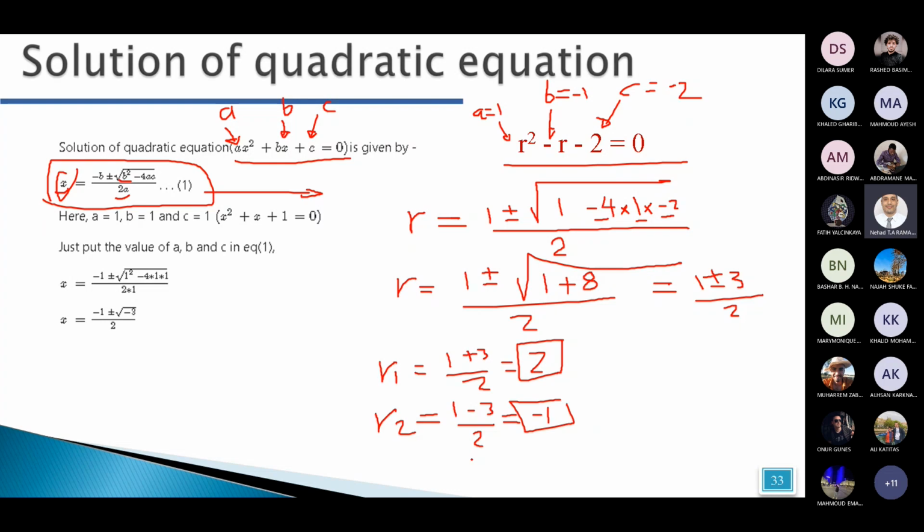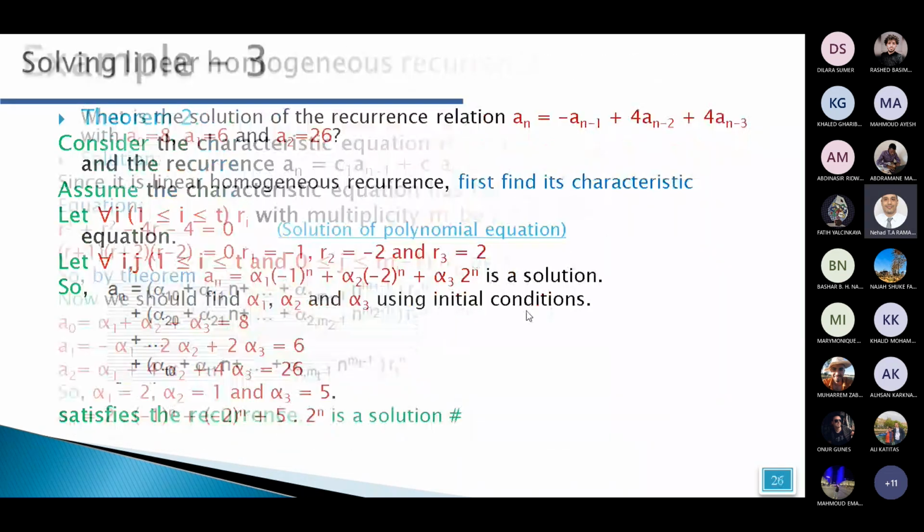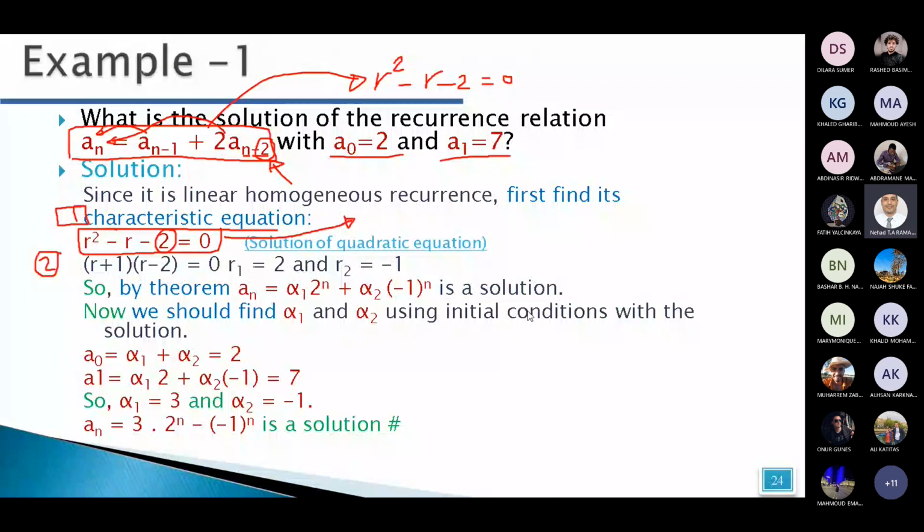So we have two solutions, r equals 2, r equals minus 1. Returning to our question, we have two solutions for this characteristic equation: r1 equals 2, r2 equals minus 1.